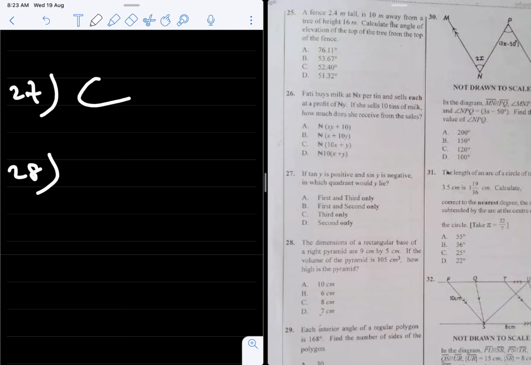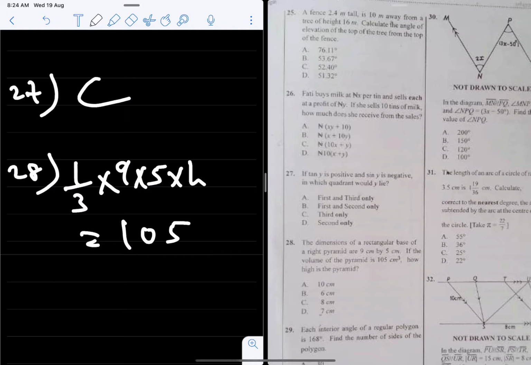Now 28, the dimensions of a rectangular base of a right pyramid are 9 centimeters by 5 centimeters. If the volume of the pyramid is 105 centimeters cubed, how high is the pyramid? Volume of a pyramid is 1/3 times base area times height, which is 1/3 times 9 times 5 times height, and that's already given us 105.